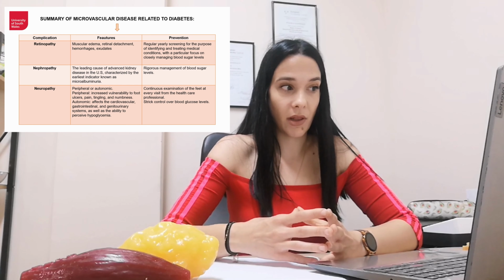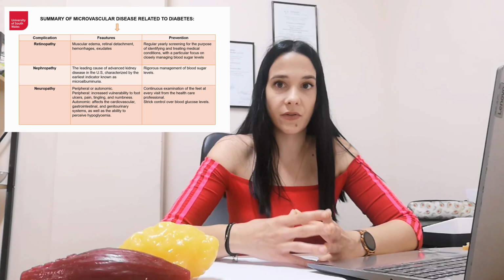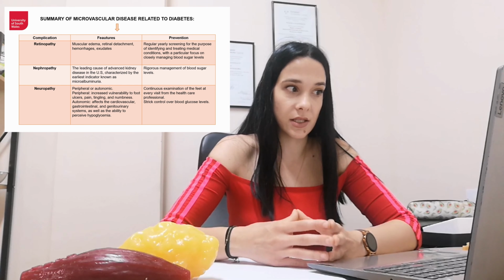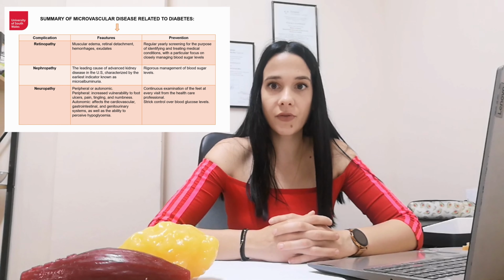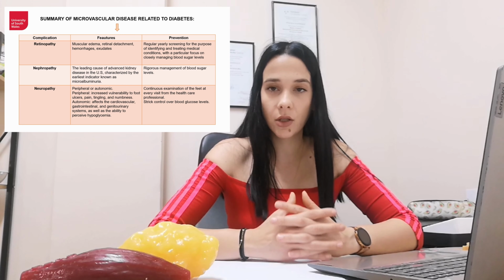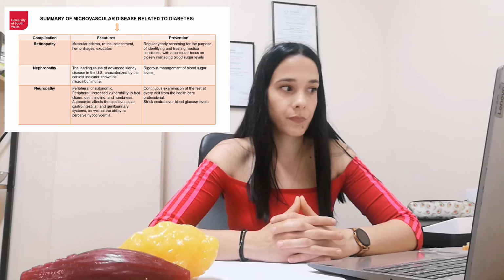We have nephropathy, which is the leading cause of advanced kidney disease in the United States, and it is characterized by the earliest indicator known as microalbuminuria. To prevent nephropathy, we have to manage our blood sugar levels to be under target.